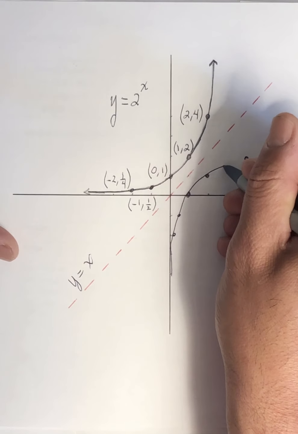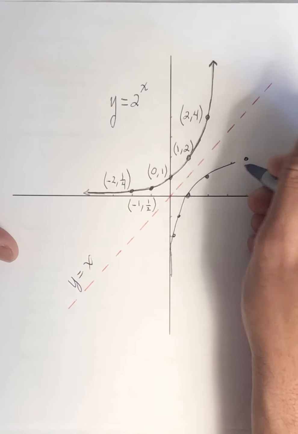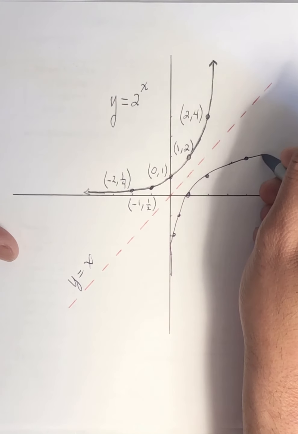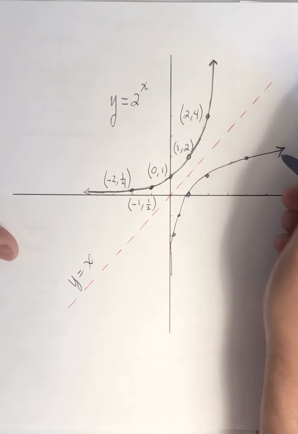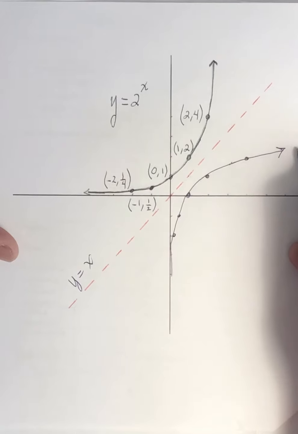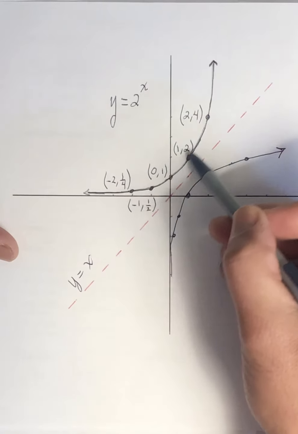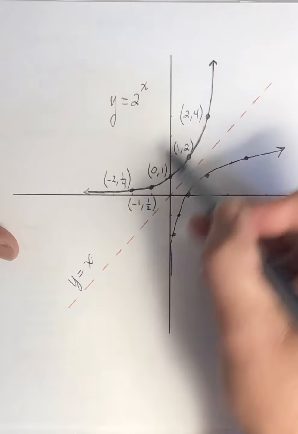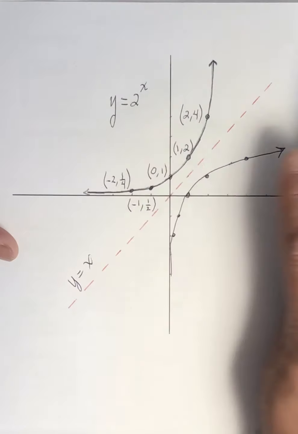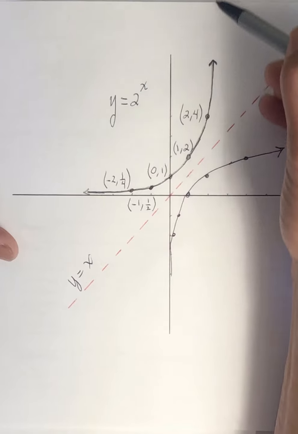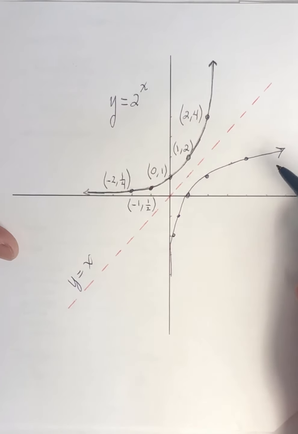And as you can see, as the exponential curve goes higher and higher, the logarithmic curve also goes higher and higher, but at a much slower rate. The exponential curve just shoots up. As x goes to the right, the rate of growth just increases and it just shoots up really fast.